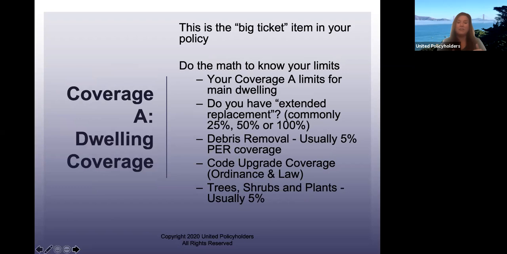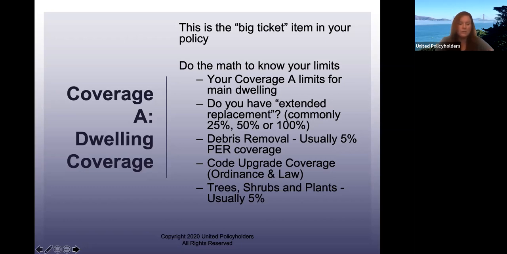However, if you haven't, all this information can be applied to any of the coverages if you need it. The first thing you need to do, and hopefully you're already here, but I like to be systematic, is do the math and know your limits. Know what your coverage A limits are for your main dwelling, and know whether or not you have extended replacement cost coverage. Let's talk about that really quickly.